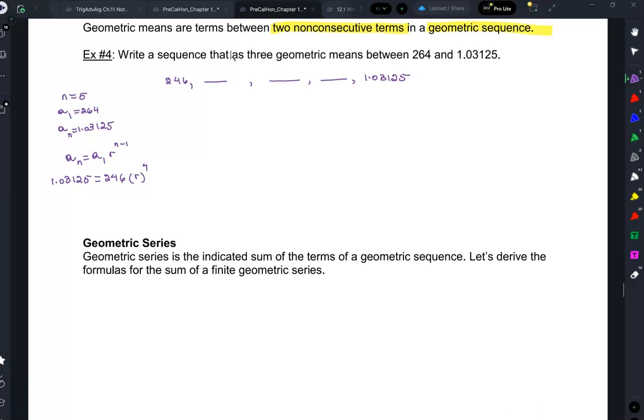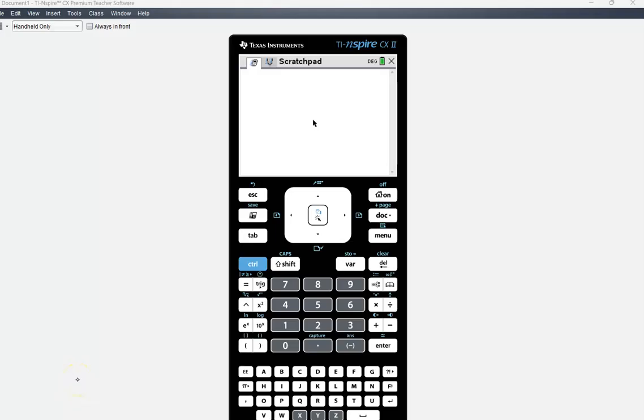So when I divide by 264, this is going to be r to the 4. Well, to solve for that, I take a 4th root, plug this into the calculator. What do you know, R is just a simple 0.25.